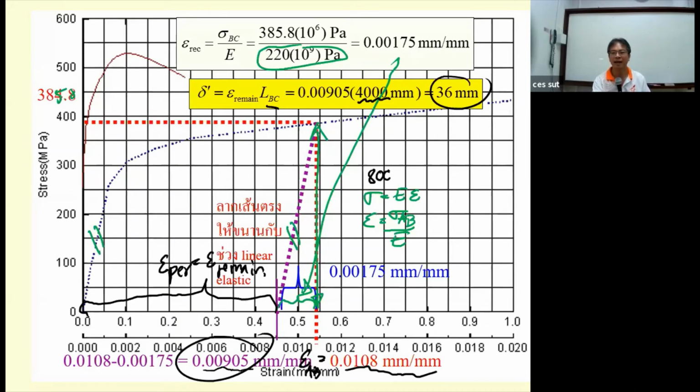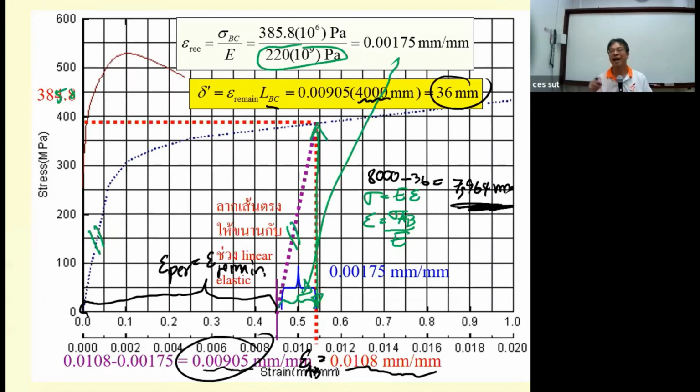To be 8,000 minus 36, which is going to be 7,964 millimeter. That is the final length of the column after releasing force.